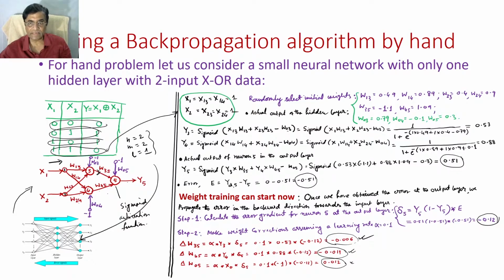And it turns out that we have got some values that are plus, some values that are minus. So basically it is gradient descent. The delta learning rule is nothing but the gradient descent algorithm.